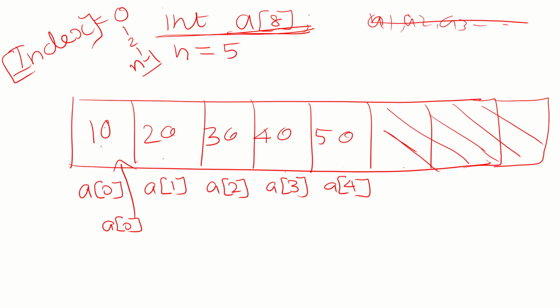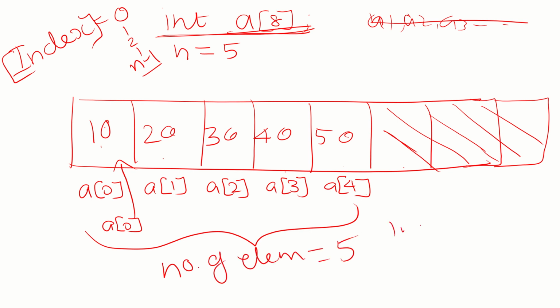Since the index starts from 0, the number of elements is equal to 5 only. Number of elements equal to 5 means the index value will go 0, 1, 2, 3, 4. So totally it is 5 elements. So you can access any of the elements by using the index.